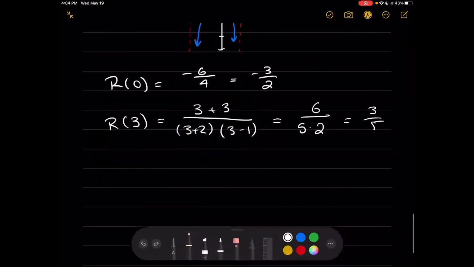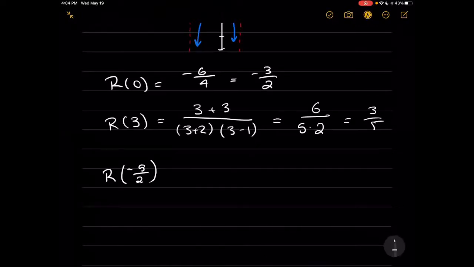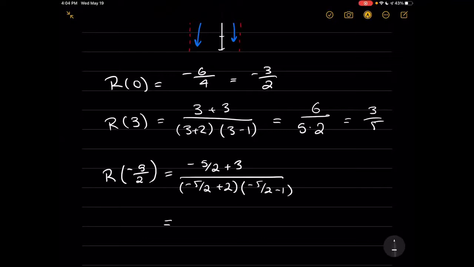So I'll plug in -5/2, just to make the math a little bit simpler. We get -5/2 plus 3 over -5/2 plus 2 times -5/2 minus 1. That's going to be 1/2 over -1/2 times -7/2, and that simplifies to 1/7.